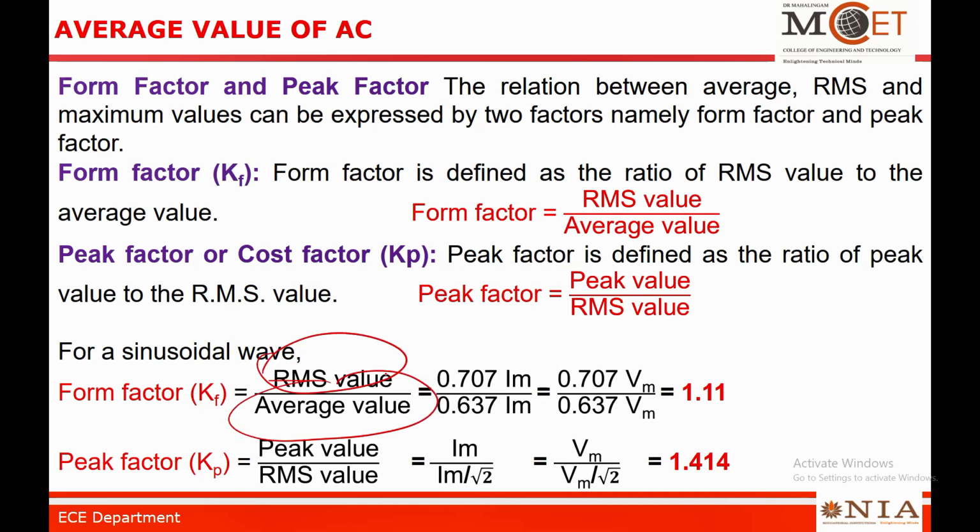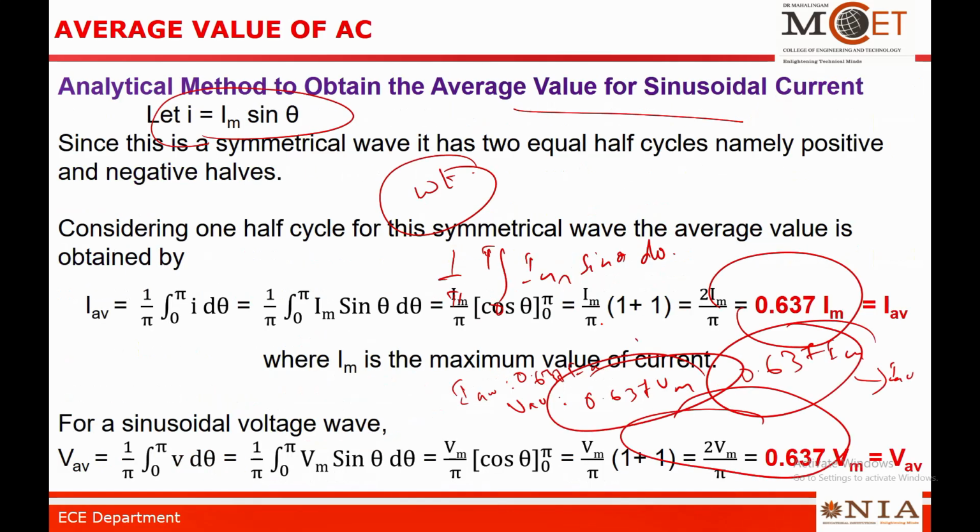So normally we have two values. The RMS value for the sinusoidal wave is 0.707 Vm, and the average value of the current or voltage we obtained in the previous terms.